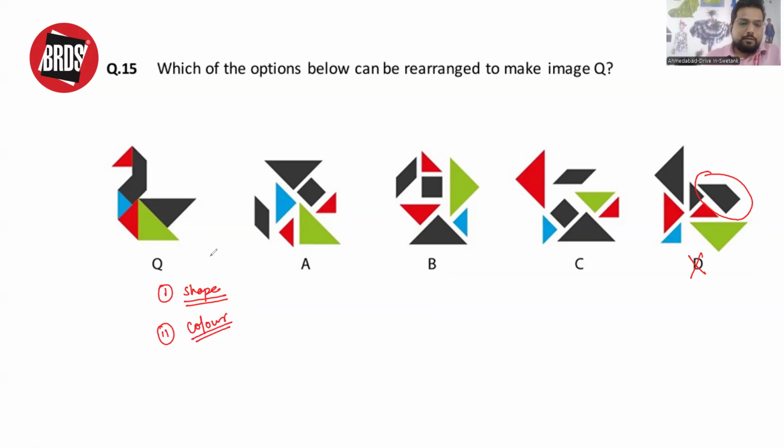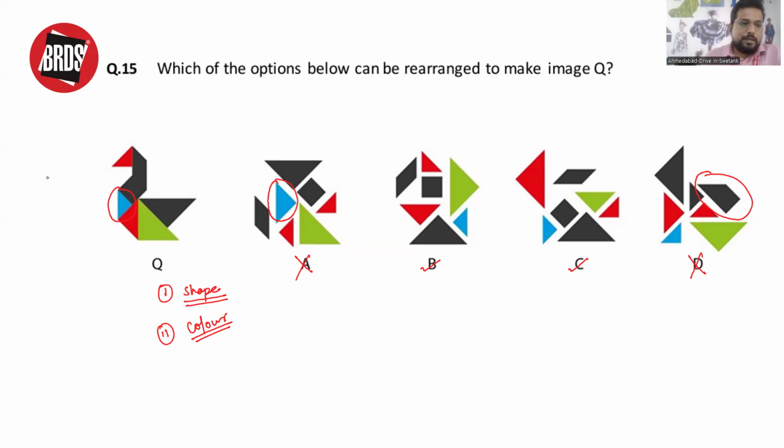If you focus on the color, this triangle's shape, size and color is not matching correctly, so A would be wrong, while all others are correct. So the correct answer would be B and C. It's a very simple and straightforward question, which was even given in the mock papers from UCEED from BRDS also. I do hope that most of the students must have done this question correctly.